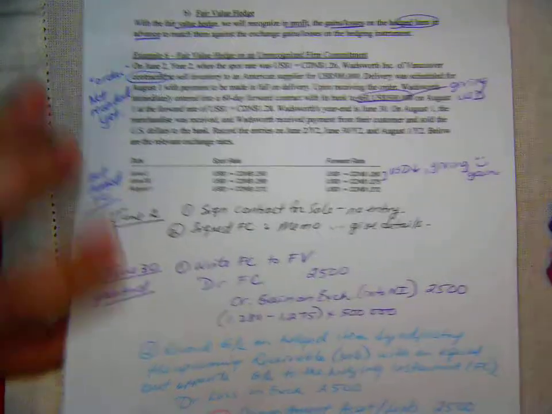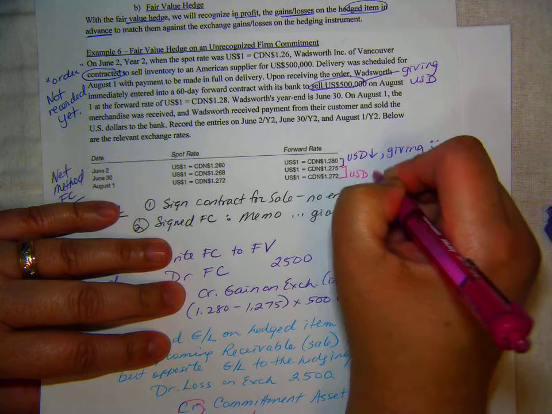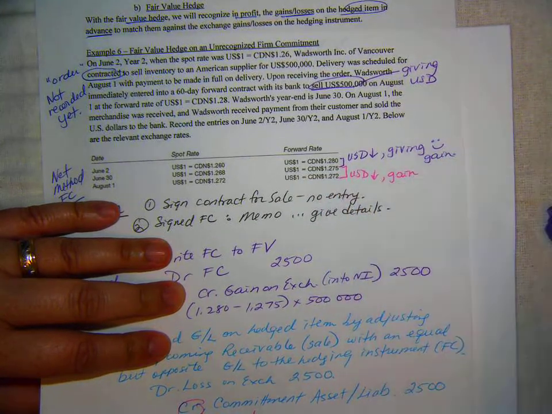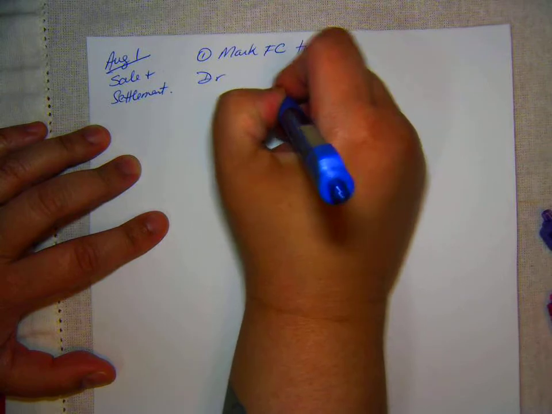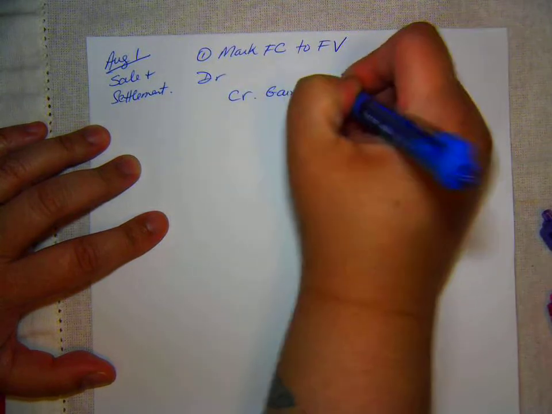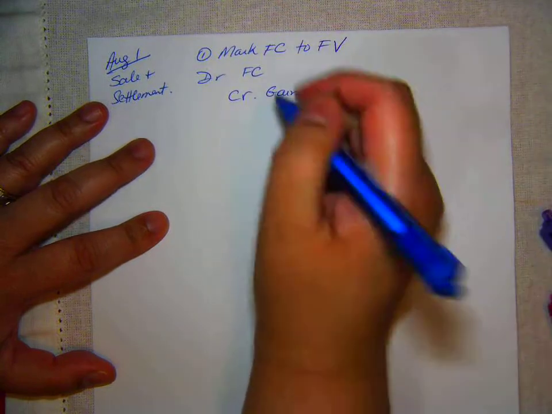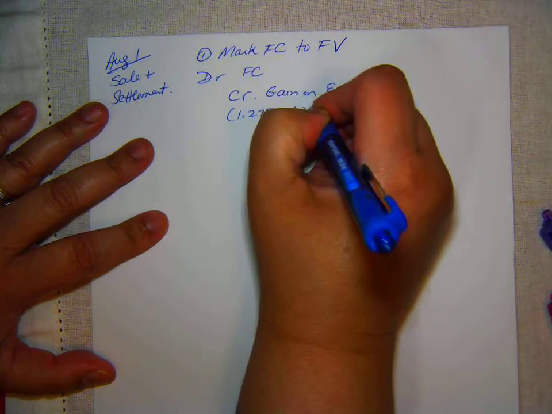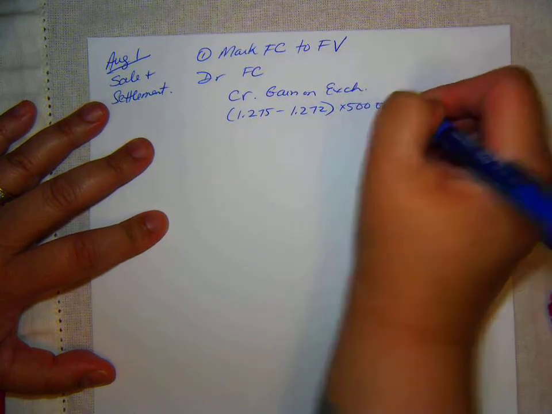And looking back here, USD went down again, so it's a gain because we're giving. So gain on exchange and debit forward contract for 1.25 minus 1.272 times 500,000.